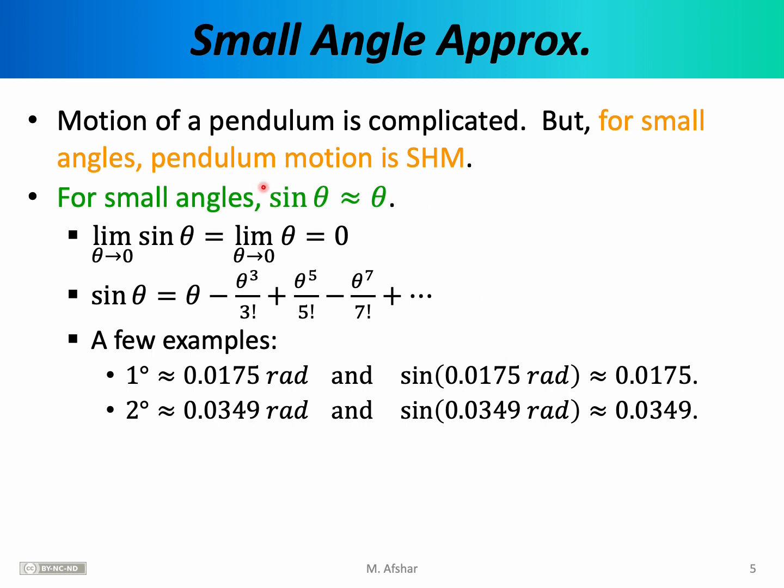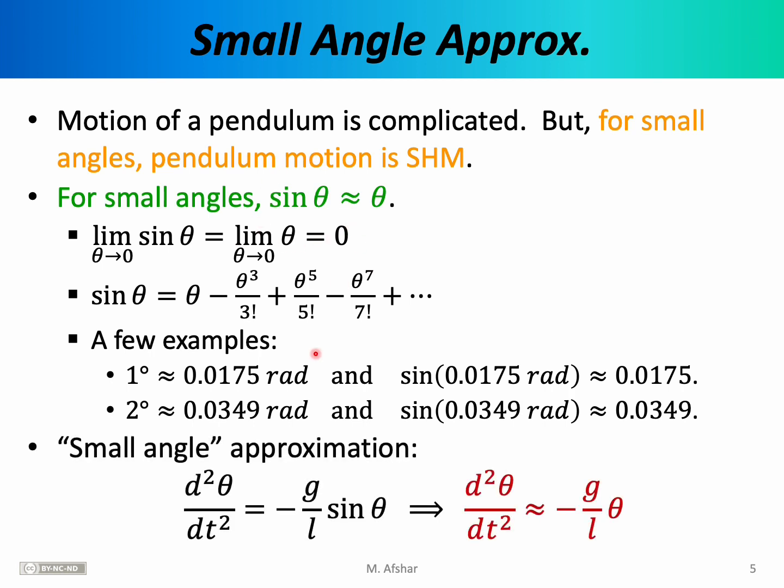Now, how is the small angle approximation relevant to the pendulum differential equation? Well, remember that the pendulum differential equation told us that the second derivative of theta is equal to minus g/L sine theta.